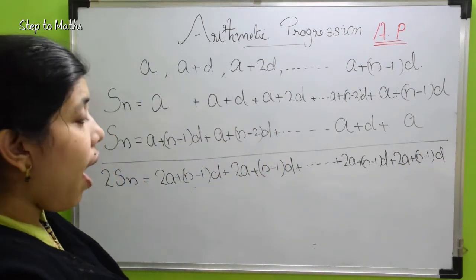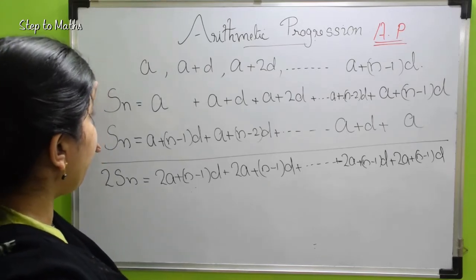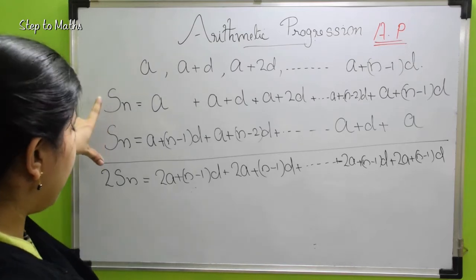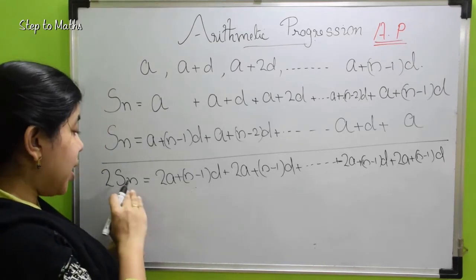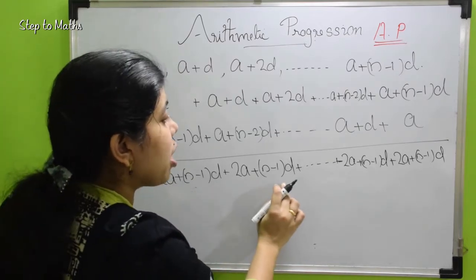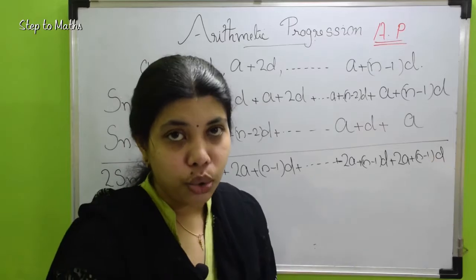So when we add the two expressions, we get 2Sn is equal to 2a plus n minus 1 into d plus 2a plus n minus 1 into d plus etc. plus 2a plus n minus 1 into d.